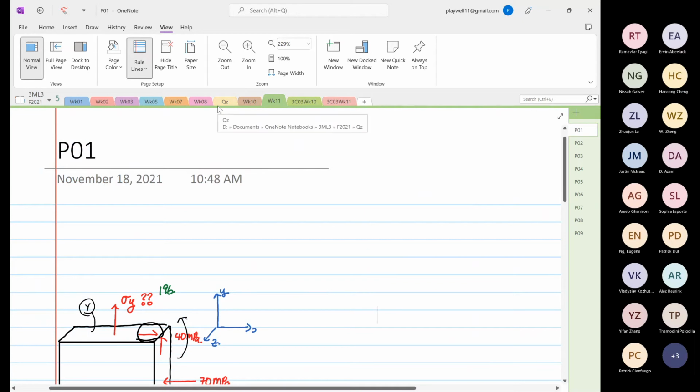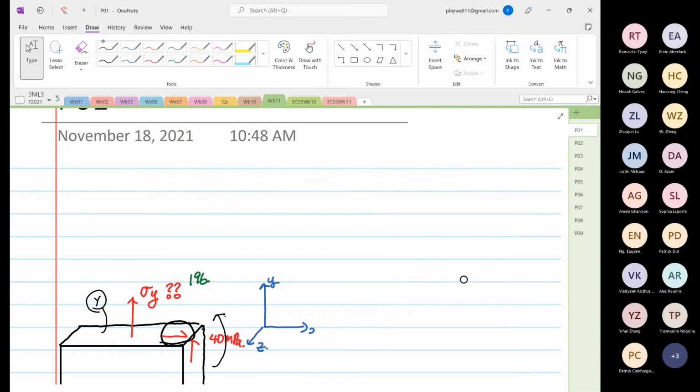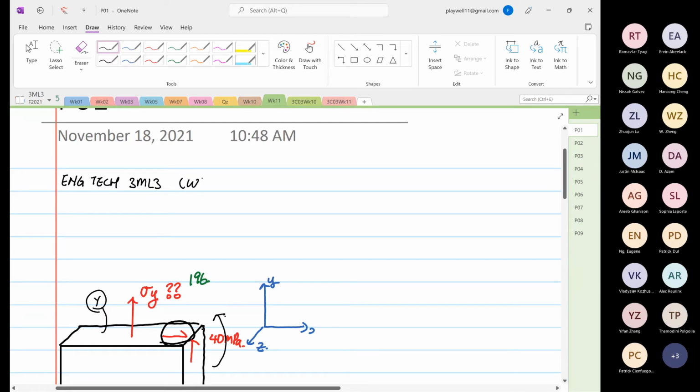Okay, so today the agenda that we're going to do is I've not completed the example last week yet, so I'm going to complete it.